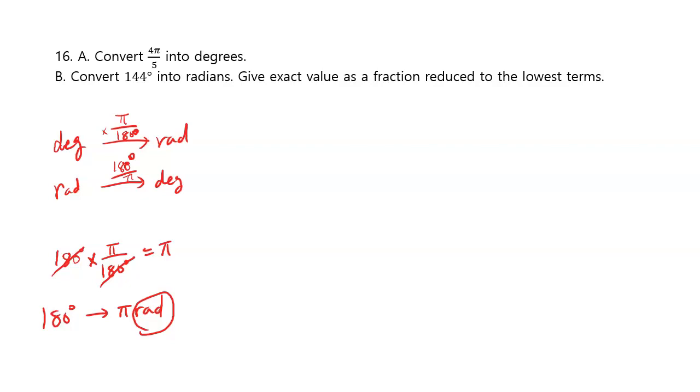But the unit correspondence is that 180 degrees is the same thing as pi radians. This comes from the fact that radians use the arc length of the unit circle to measure angles. If you have a unit circle, which means the radius is 1, then the diameter is 2.